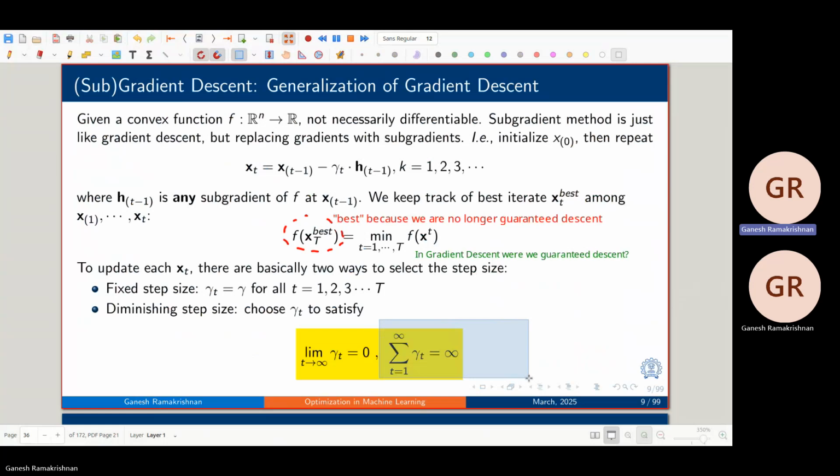Or even why do you think 1 upon square root t works at all? Why not 1 upon t square? So the question is why not 1 upon t square?